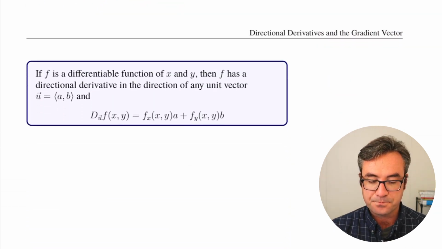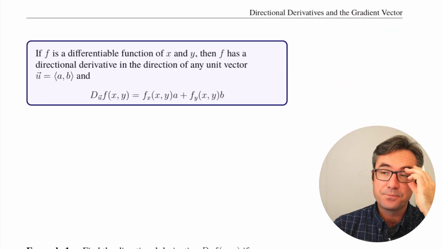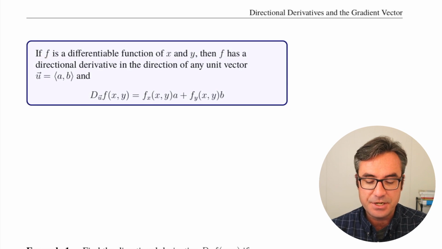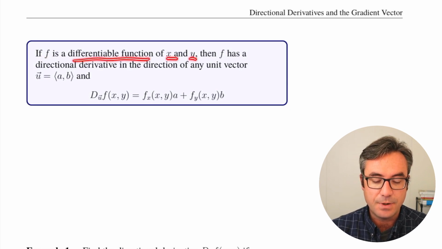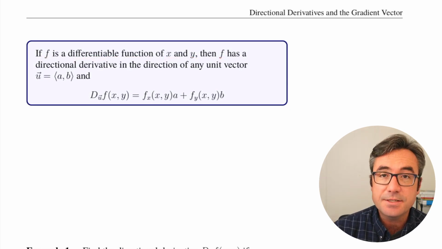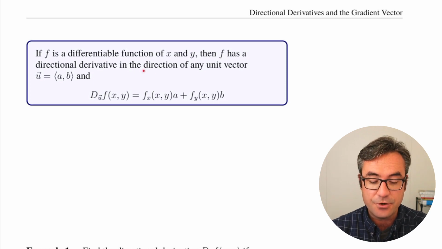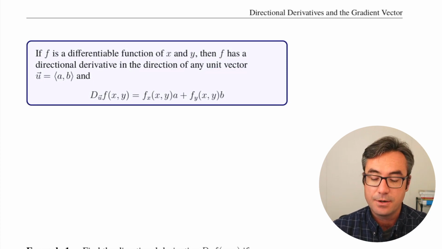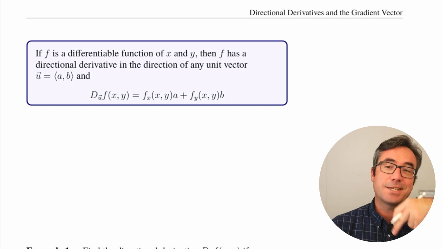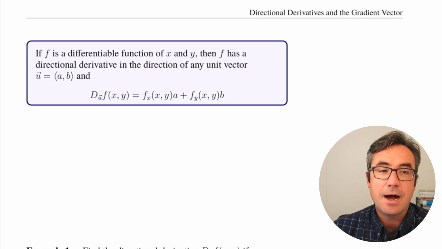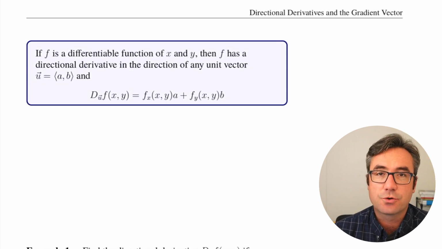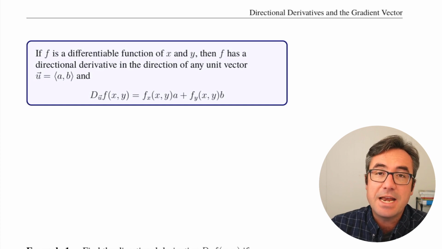And so we have this result here that says if our function is differentiable in terms of x and y, then the function has a directional derivative in the direction of any unit vector. So a 360-degree option there. We have the directional derivative in any possible direction we want.